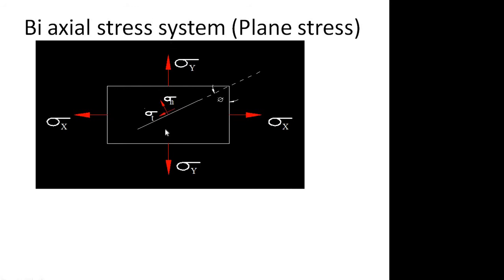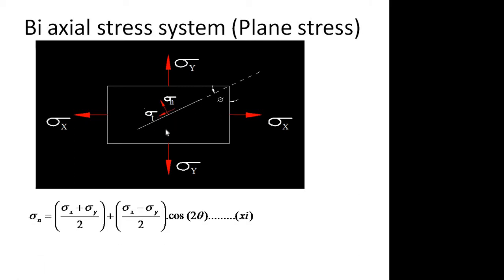So even though the external loading is purely normal stress, sigma x and sigma y along the x and y axis, when we consider an oblique plane inclined at an angle theta to the vertical plane or to the y plane, along this plane we will have normal stress and shear stress. So now we are going to find the equations for calculating sigma n and sigma t at an angle theta with y.